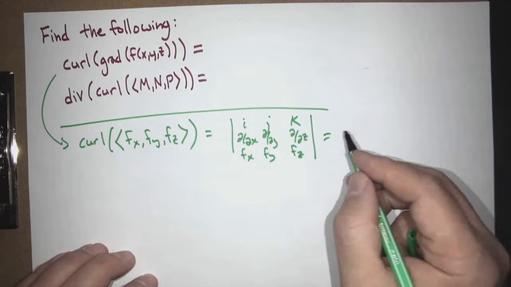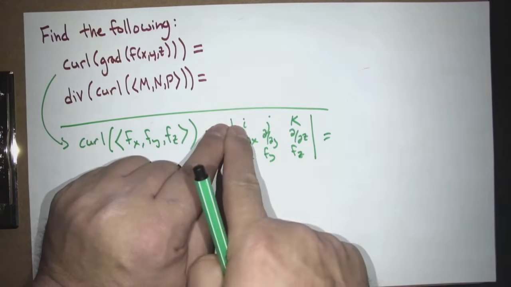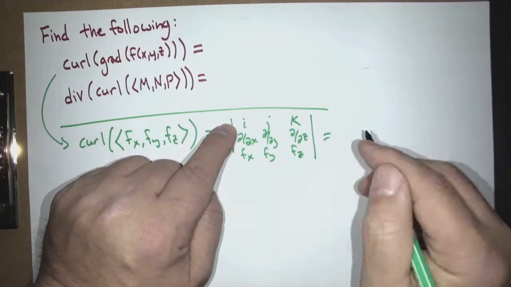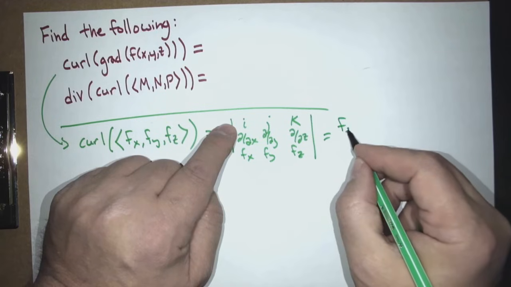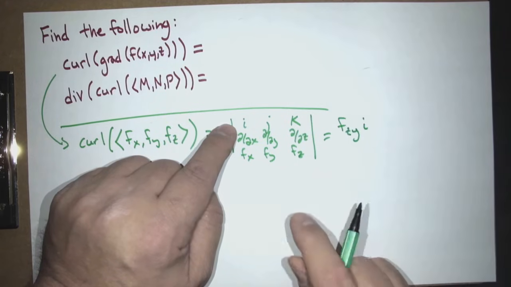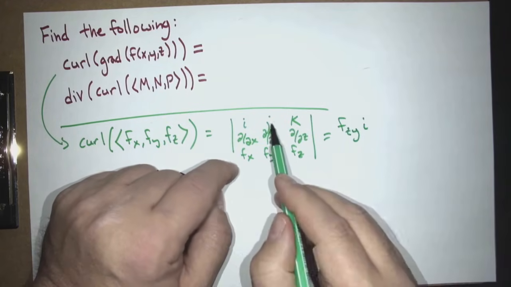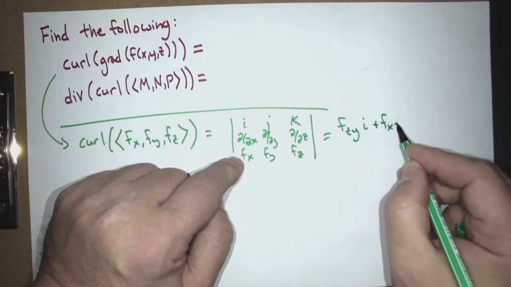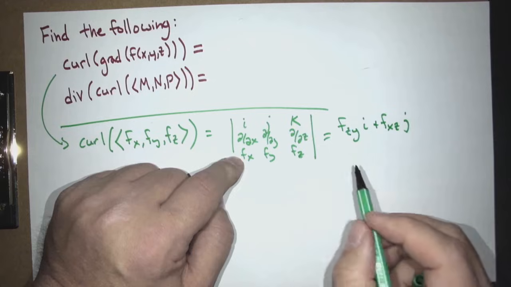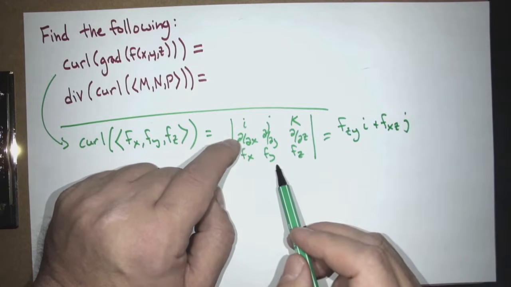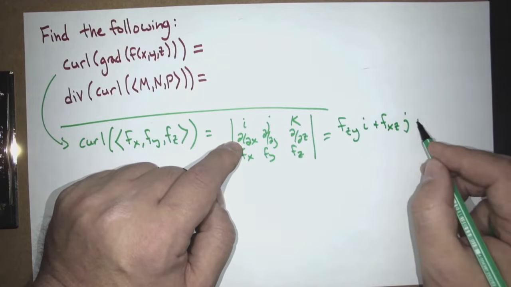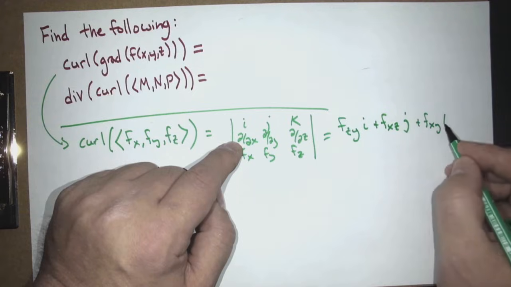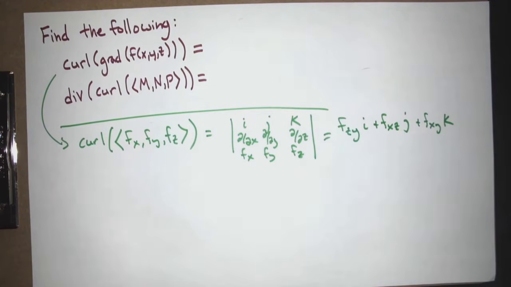Okay. So i, partial y, f z. So that's f z y in the i direction. j, partial z, f x. So that's f x z in the j direction. k, partial x, f y. That's f x y in the k direction. So far, so good?